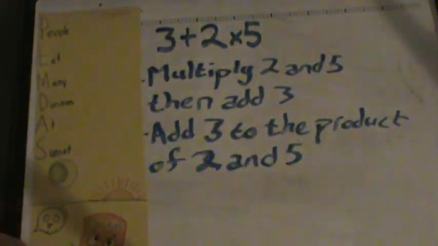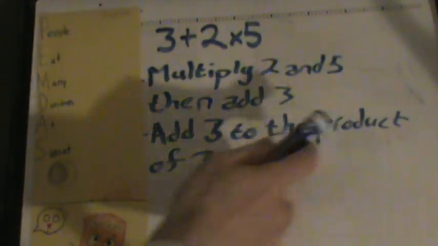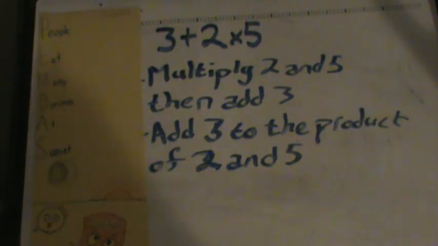In this case, we're adding 3 to a product, so we have to find the product before we can add the 3. So on page 200, ooh, I lost my page. On page 240, you're going to continue writing computations in words, this time considering the order of operations.